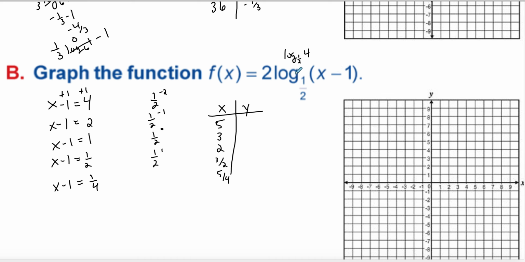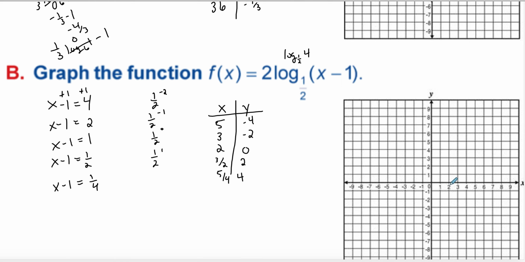Okay, so it'd be negative 2 times 2, so it's negative 4. This one we said was going to give us the negative 1 exponent. So the log turns into a negative 1 times 2, negative 2. This one we said would be a 0 exponent, so the log evaluates to a 0, gets me a 0. This one we said would be a 1 exponent, so the log evaluates to a 1 times 2 is 2, and you can kind of see the pattern happen here.